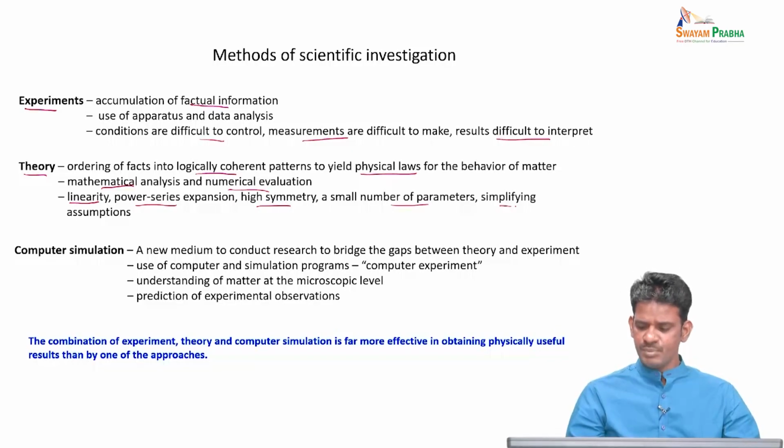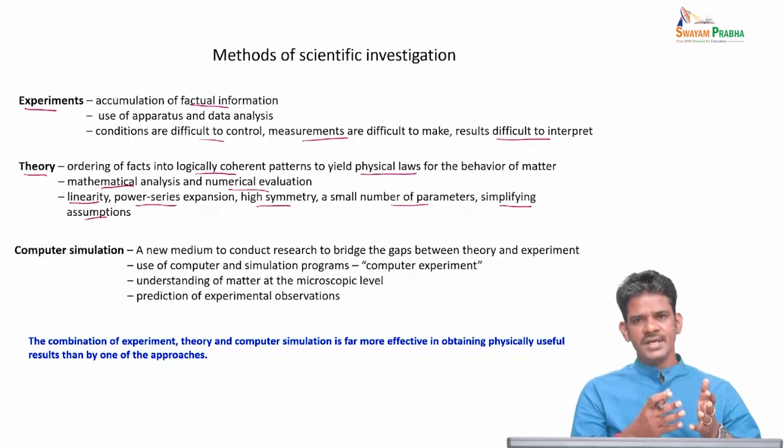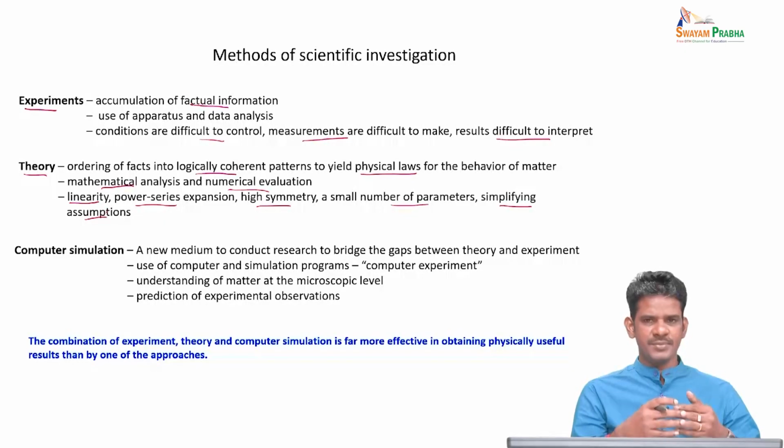We also make a lot of simplifying assumptions so that the theory becomes simple enough that it can be subjected to mathematical analysis. So on one hand, experiments have certain limitations in controlling, measuring and interpreting the results, whereas in the theoretical perspective, we often limit ourselves to very simple cases because of various underlying assumptions.